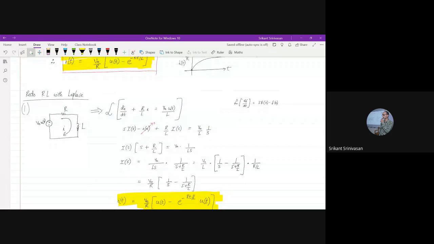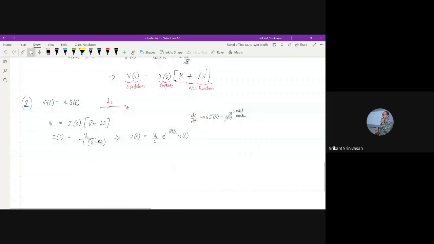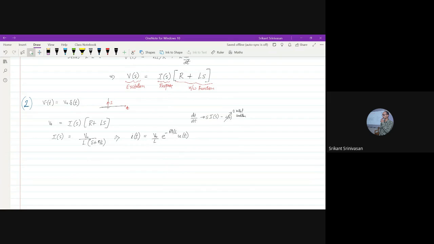We are applying an impulse function over here. When you apply it, there cannot be any current at time t equal to 0 because of the continuity. Now, if you see our equation here, due to the continuity at time t equal to 0, this becomes 1, and u of t is equal to 1, but I don't know whether we have to think of it as 0 at time t equal to 0 and consider u of t as 1 only after time t equal to 0. So that's like a boundary condition.